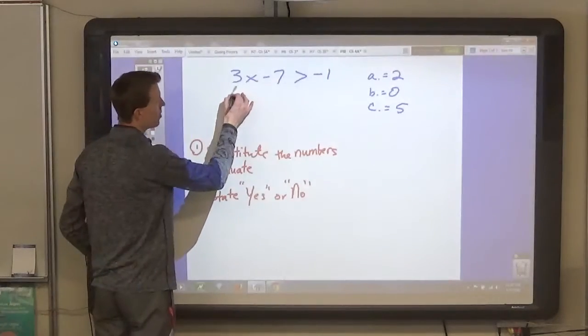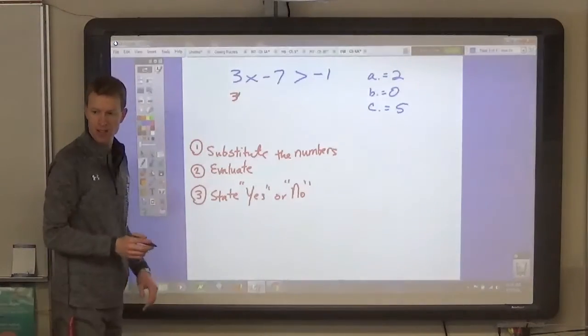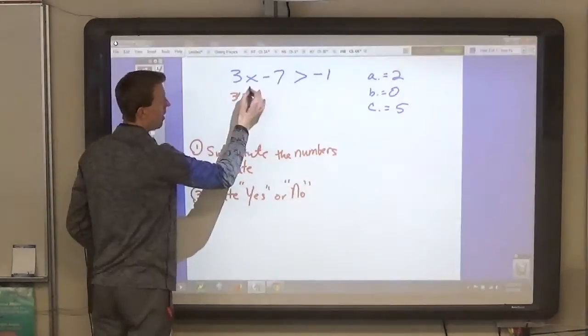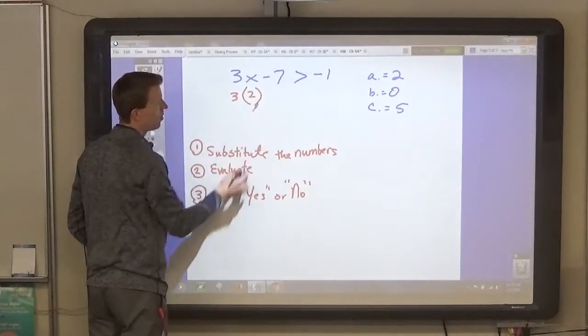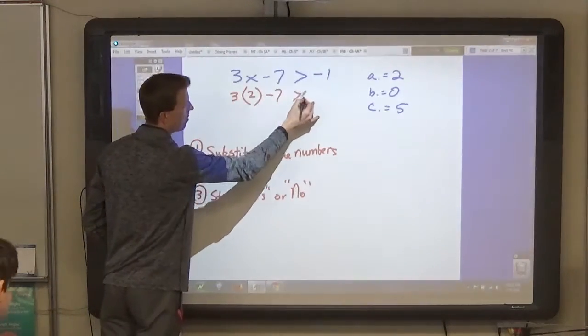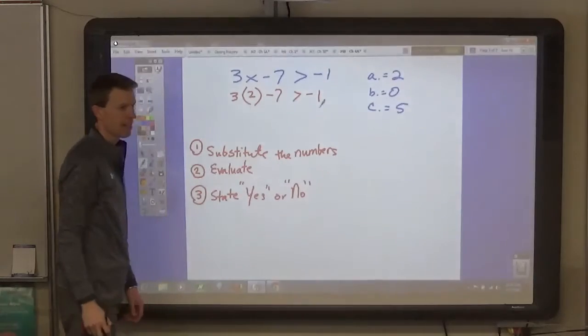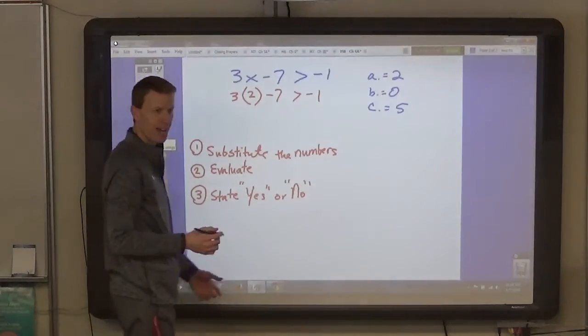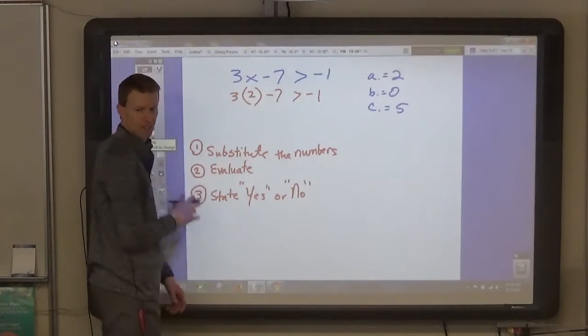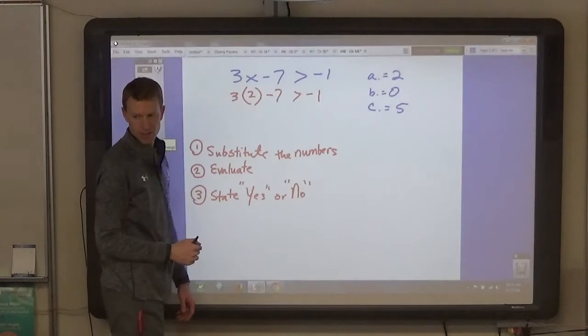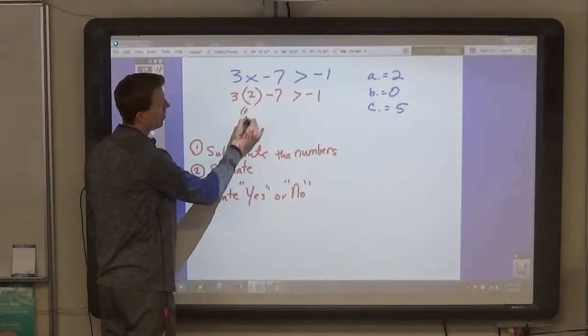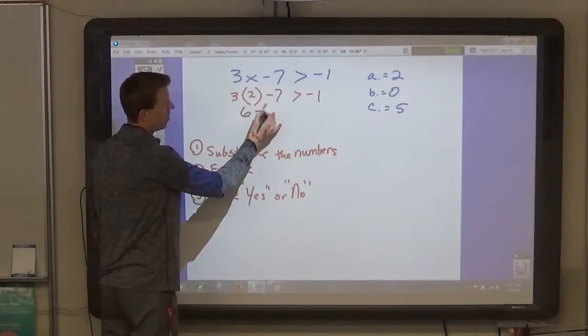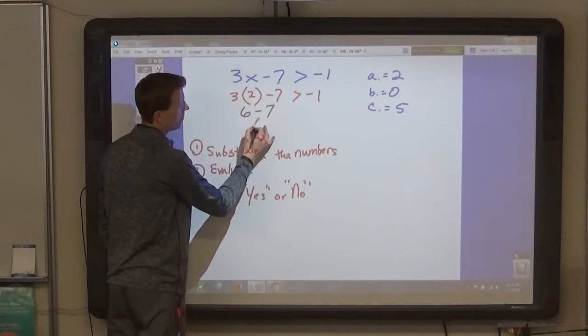So the first one, Keyshawn, you did this one already. 3 times 2 minus 7 is greater than -1. Is that true? Do the math. Evaluate this. What did we get? 3 times 2, 6 minus 7, which is -1.